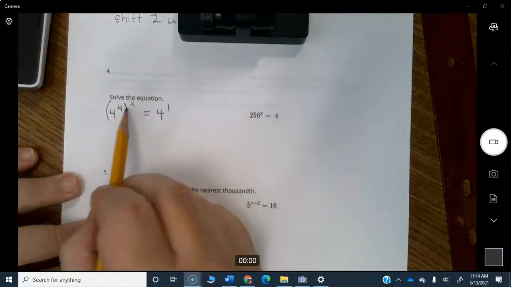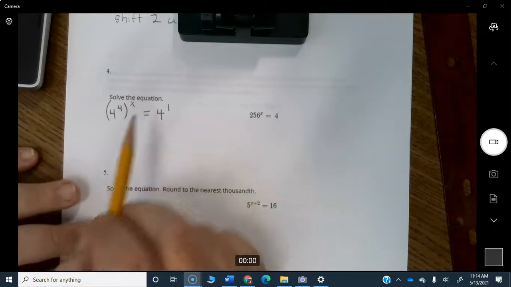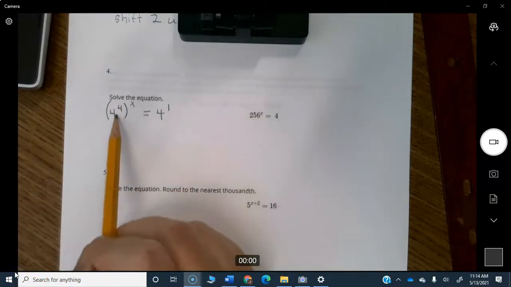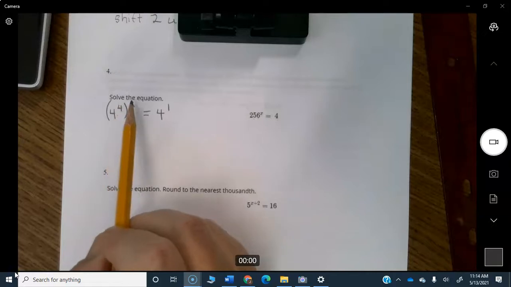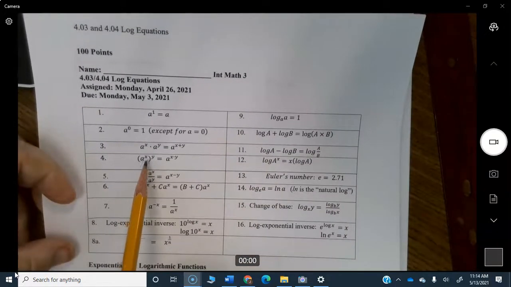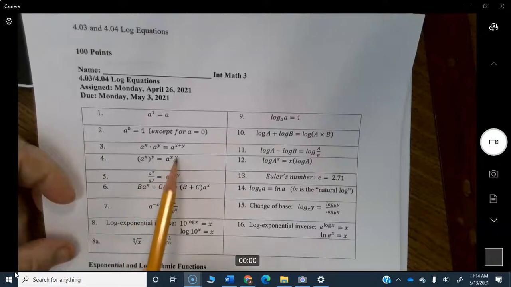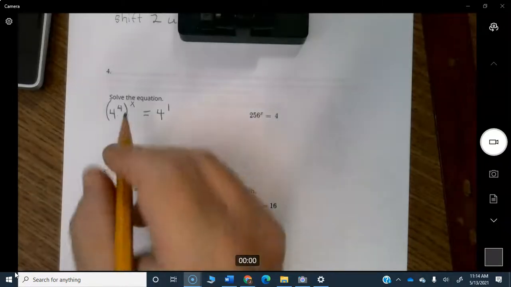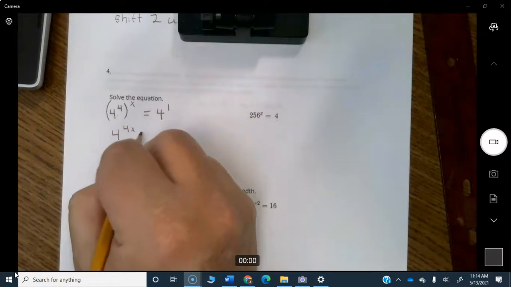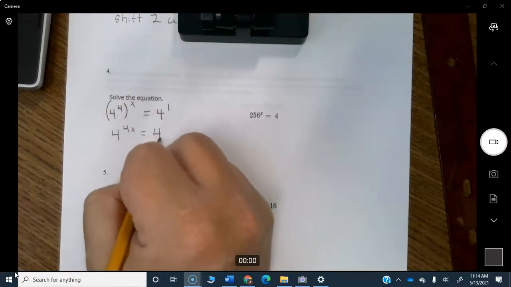So now what you do with these two, okay, so you have 4 raised to the 4th and then raised again to the x. So that's like rule number 4, a raised to the x and then raised to the y. You multiply those two together. So this becomes 4 to the 4x, and over here it's still just 4 to the 1.